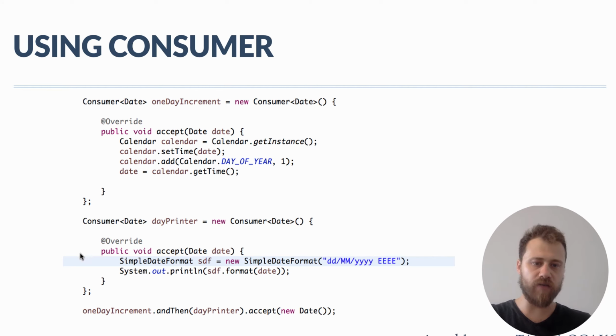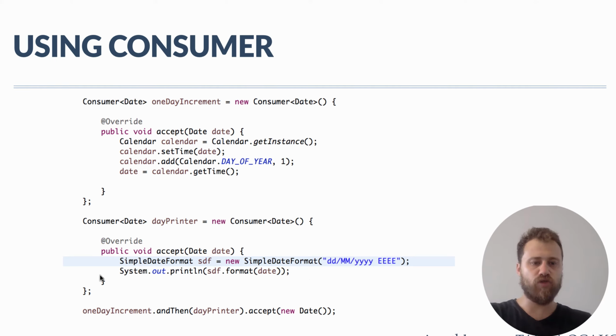And here we have another consumer. Let's say we refer to it by day printer name, and this consumer will simply write the date, which is the input, with this format: day, month, year, and the name of the day. Since it is a consumer again, it does not return an output. It only creates some side effect. This println statement is a side effect.